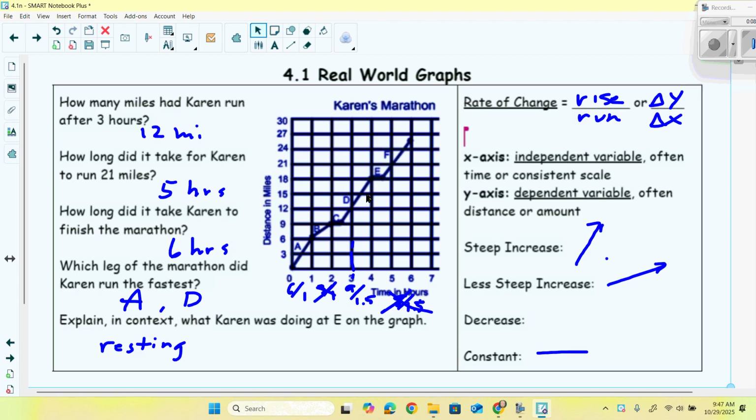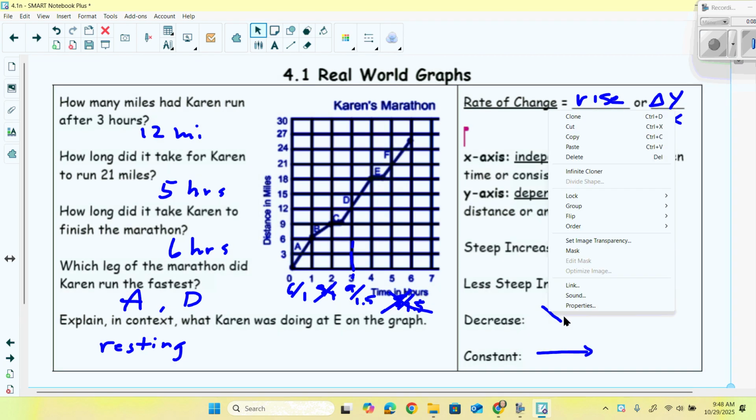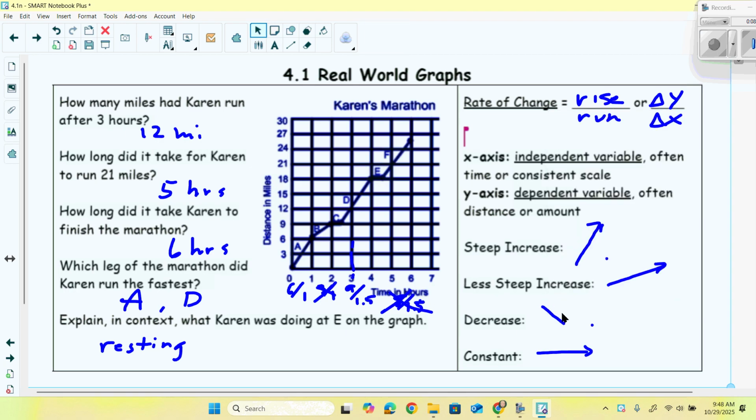It didn't go up, didn't go down, so it wasn't an increase or a decrease. That would be a horizontal line. And then finally, a decrease would be something that is going down. So increase steeply, increase gradually, decrease maybe steep, or we could do a gradual as well. And then constant means the position does not change. The rate might be constant as well, but where we are will not.